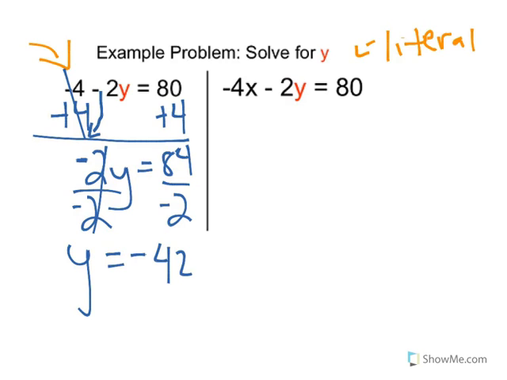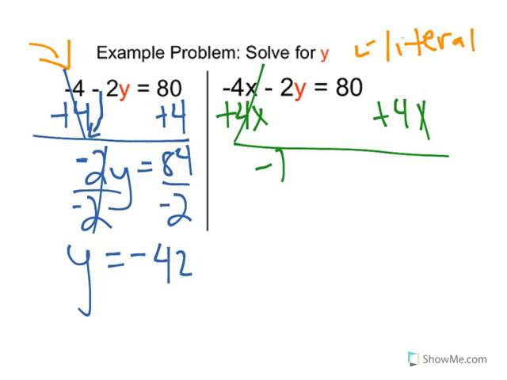Now over here on the right, I'm not just going to add 4, I want to add 4x because I want to move that whole term to the other side. That's going to make that cancel out. Then negative 2y is coming down, once again making sure that negative sign comes down, is equal to, and remember, these are not like terms, so you need to have both of them written.